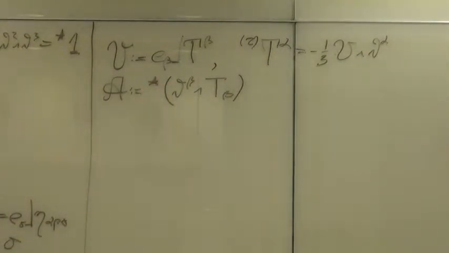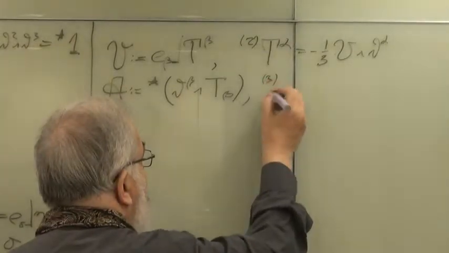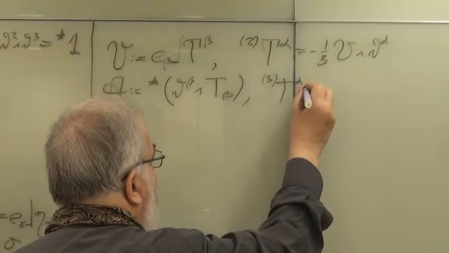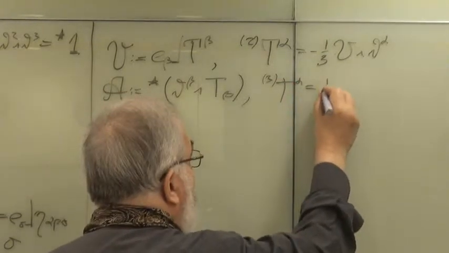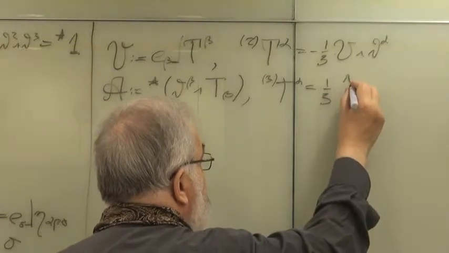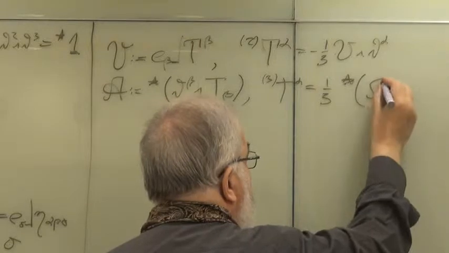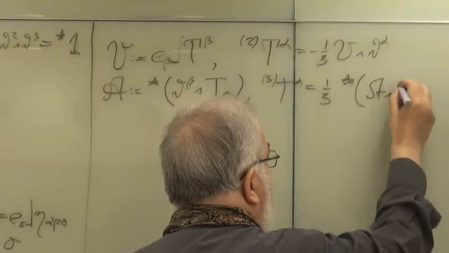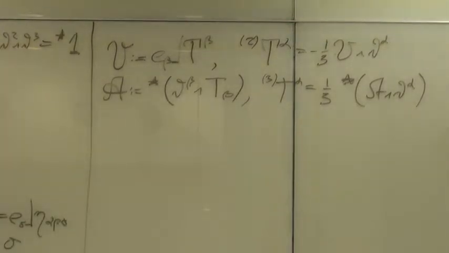So you have again a 1-form, and (3)T^α can then be expressed as 1/3 times *(A ∧ ϑ^α). So I hope this is plausible, that we have a vector and an axial vector piece.